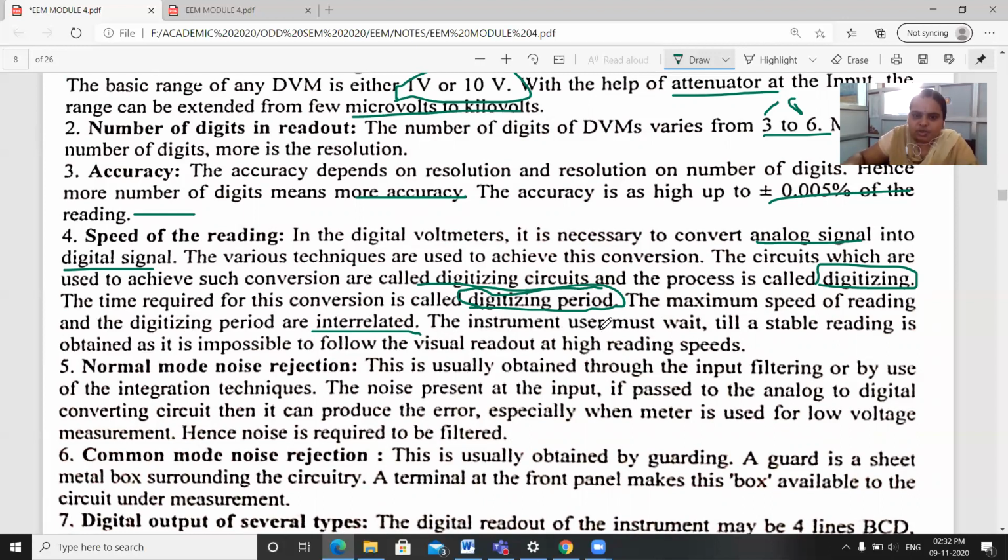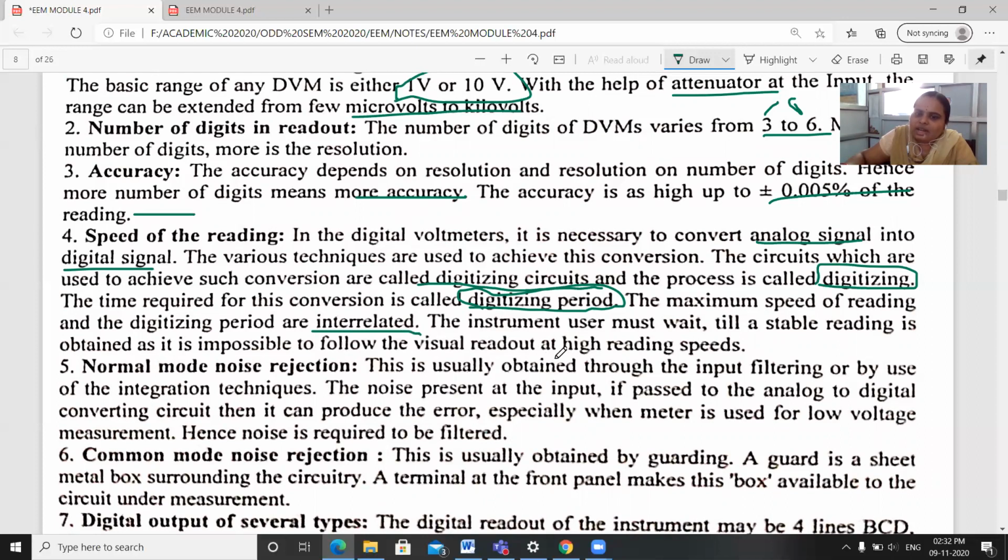The instrument user must wait until a stable reading is obtained, meaning until the conversion has happened. After that only can he proceed further, as it is impossible to follow the visual readout by eye, to see how much the conversion is going from analog to digital.